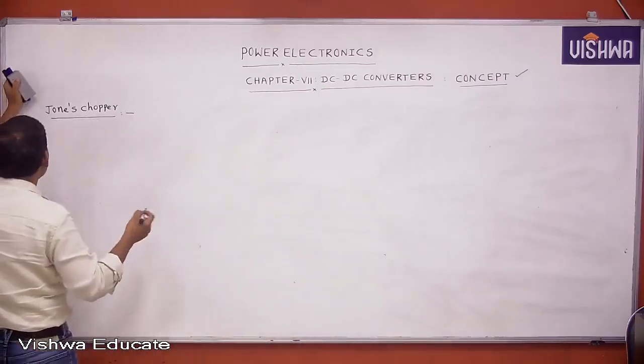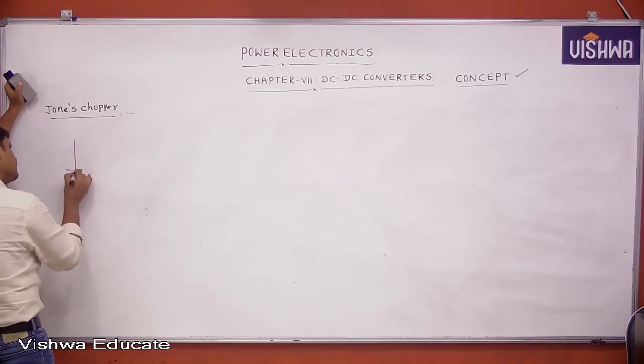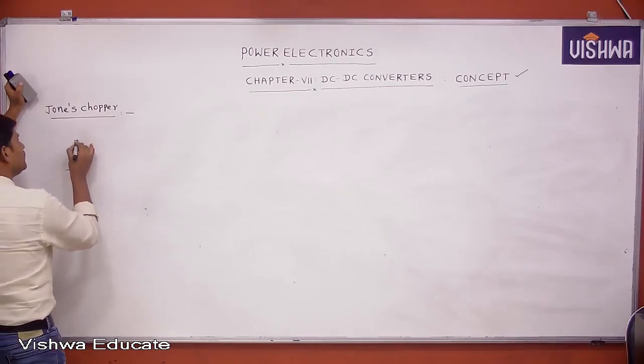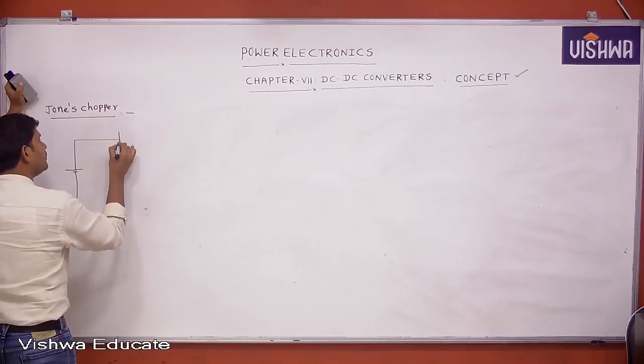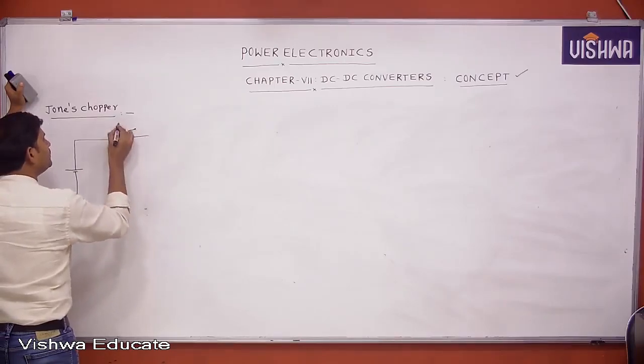Now see, this is the circuit we are using for the Jones chopper. This is the main thyristor.